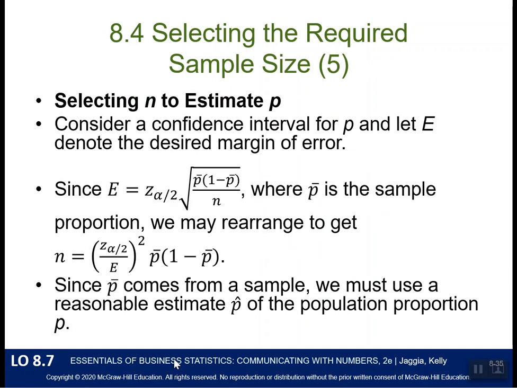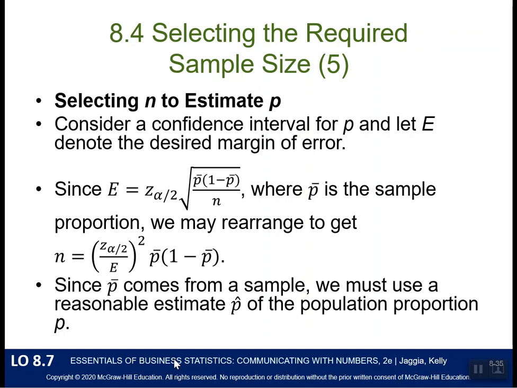So if we're talking about a proportion instead of a mean, then we're going to use a formula just a little bit different, the one we use for the proportion. So we're going to say our margin of error is our z-score with alpha divided by 2 multiplied by the square root of the sample proportion times 1 minus the sample proportion divided by n.